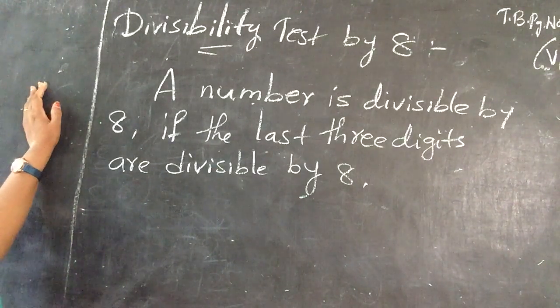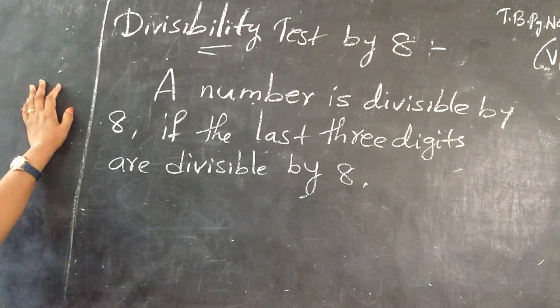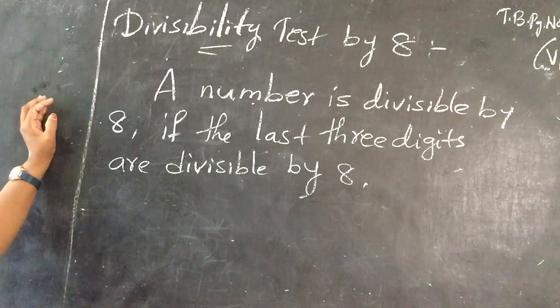A number is divisible by 8 if the last three digits are divisible by 8.